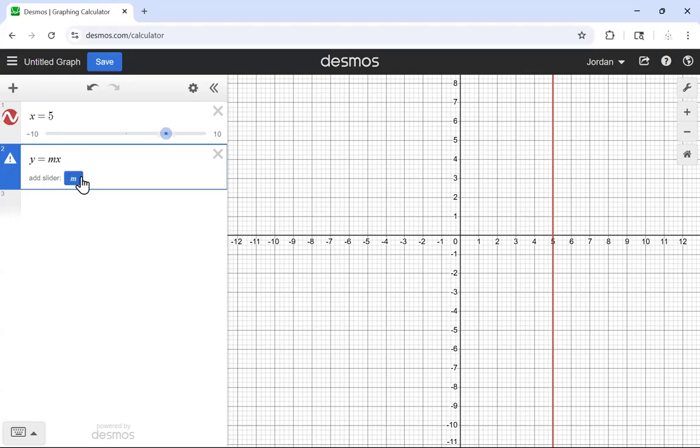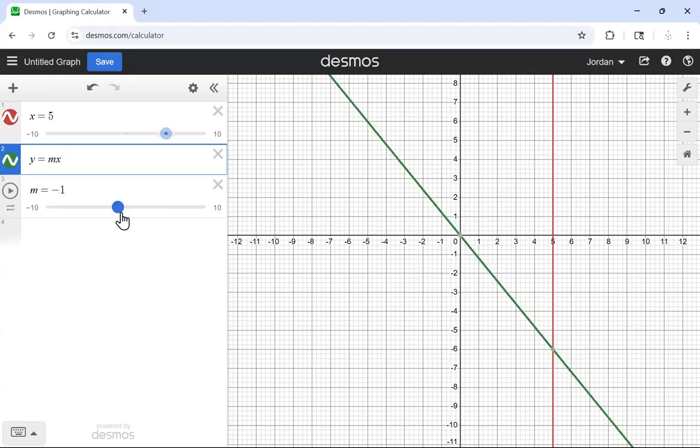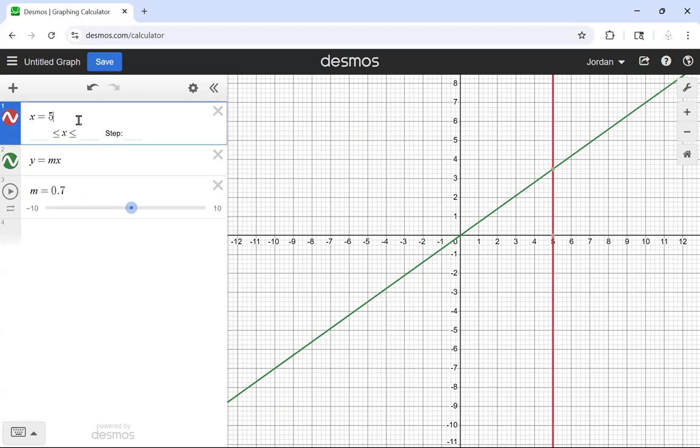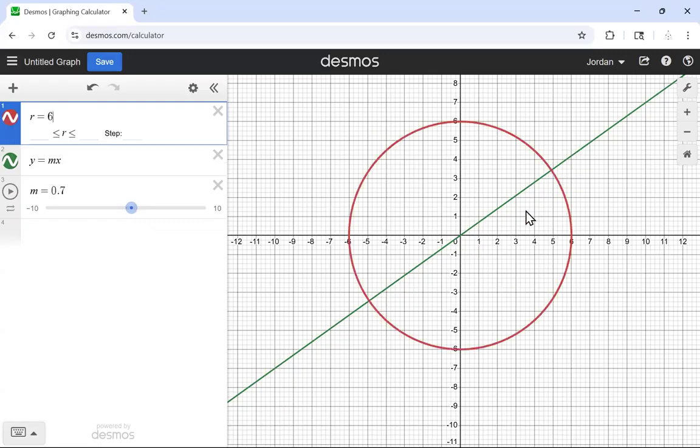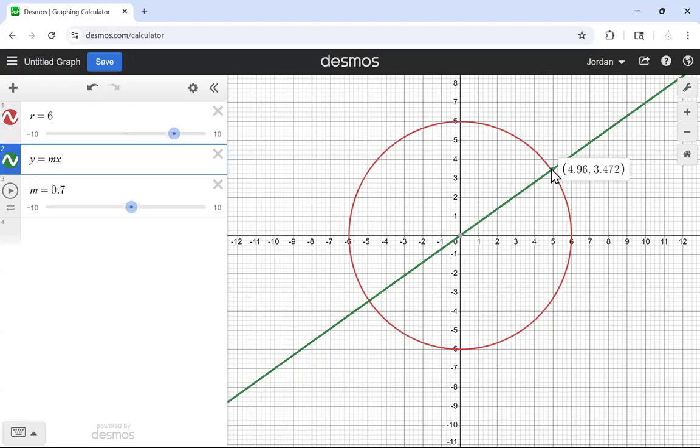Well, in polar form, we have y equals mx, some slope line through the origin, theta equals a number, and then r equals a number, let's say 6. We can think of going in a direction and hitting a circle. Every point in polar coordinates is at the intersection of some line through the origin and a circle, just like in rectangular coordinates it's the intersection of a vertical line and a horizontal line.